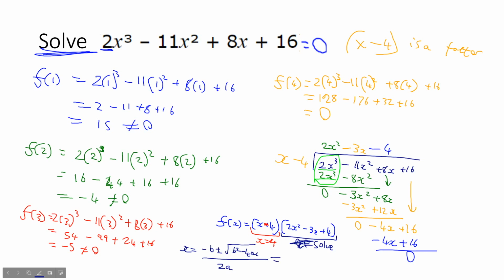And when we plug that into the polynomial that we have just made, we get an answer of minus 0.85 and 2.35. I'm just going to tell you what they are because I'm running low on space. But these are your answers. X equals 4 and x equals these two numbers.